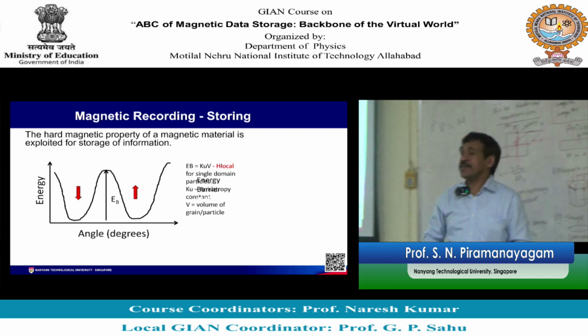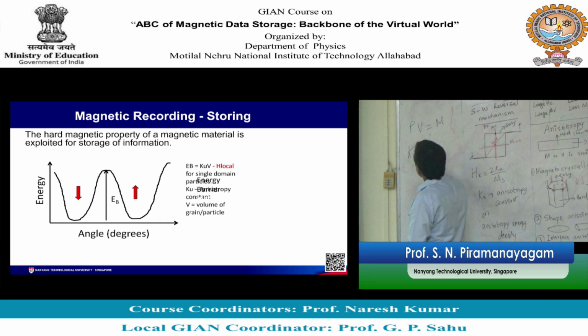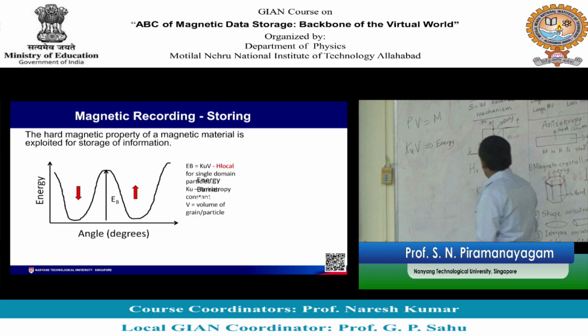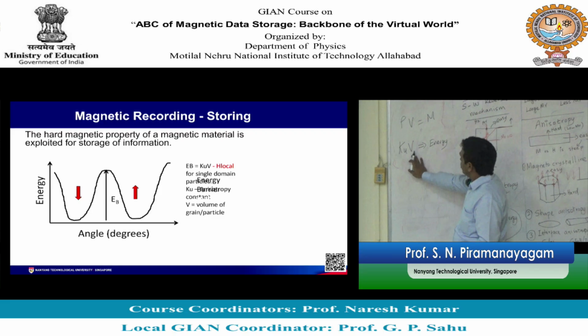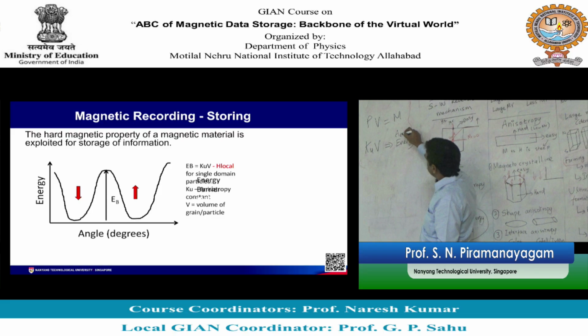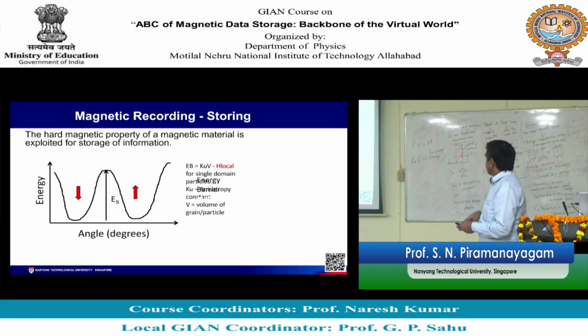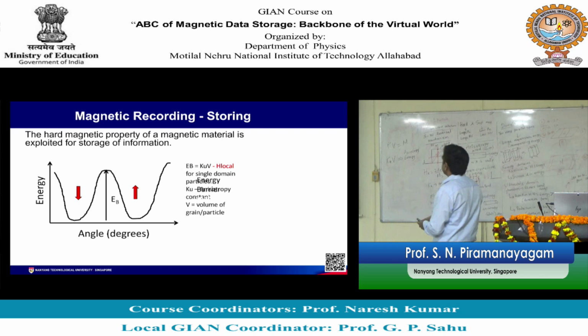In a similar sense, if you multiply this anisotropy energy density by volume, you will get some energy. Okay. This is anisotropy energy density. So, if you multiply the anisotropy energy density by volume, then you will get anisotropy energy. Okay. So, this anisotropy energy is the one that helps to retain the information.